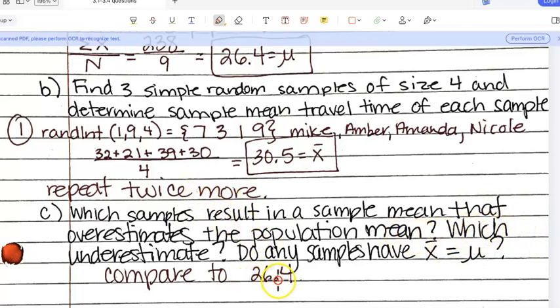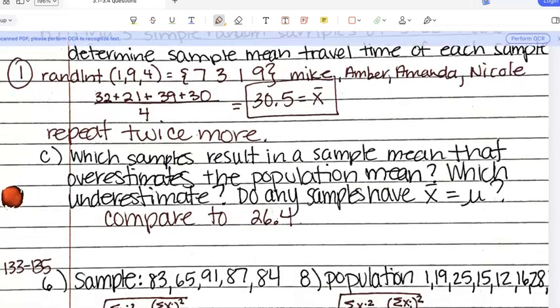So you're just comparing your answers, which may not be the same as mine, may not be the same as somebody else's, but you're comparing them to the 26.4. So again, I only showed you one of the 3 samples here, but in mine, this is an overestimation of the population mean because it's bigger. So you can answer based on that.